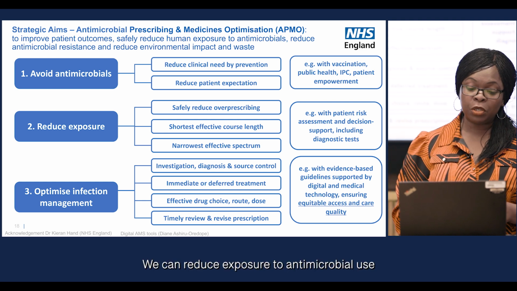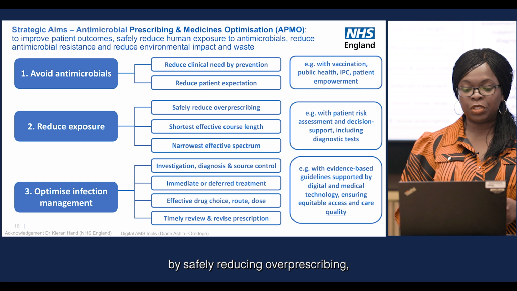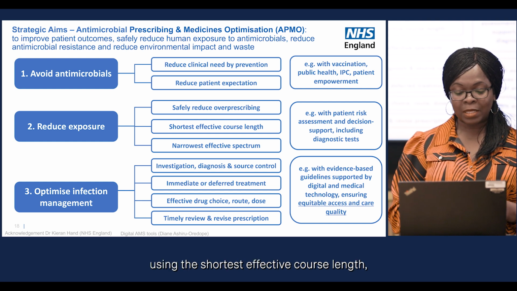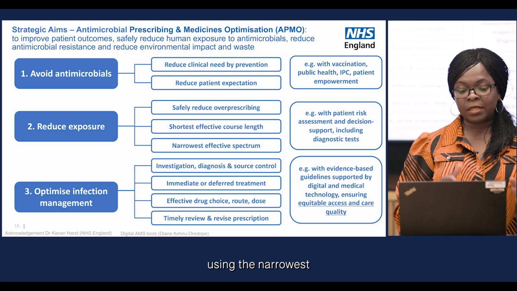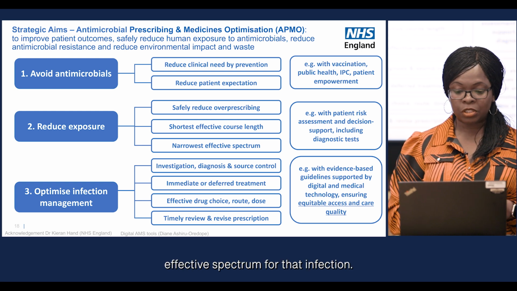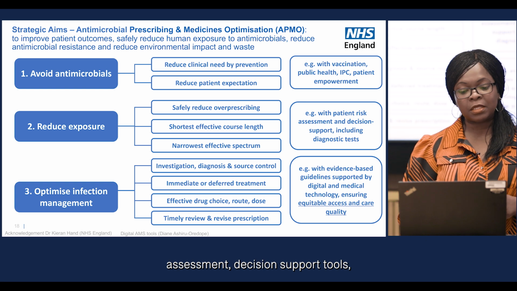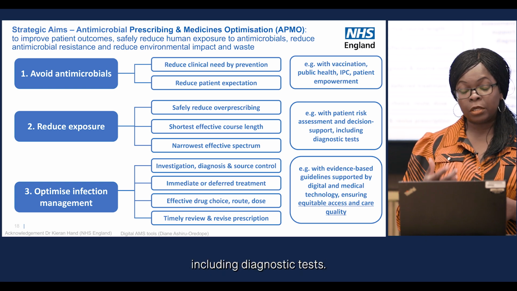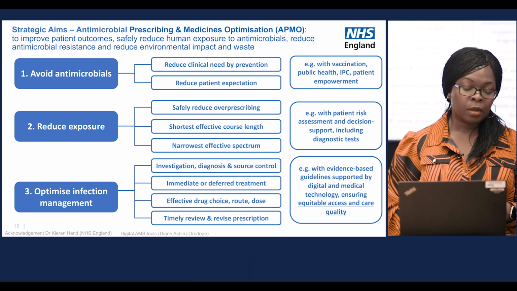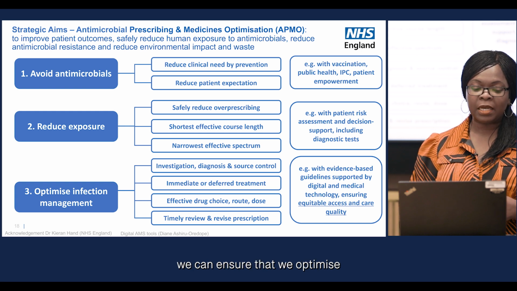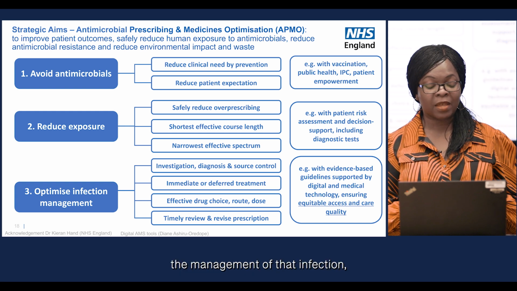We can reduce exposure to antimicrobial use by safely reducing overprescribing, using the shortest effective course length, using the narrowest effective spectrum for that infection. And the ways this can be done is through patient risk assessments, decision support tools, including diagnostic tests. If a patient does need an antimicrobial, we can ensure that we optimize the management of that infection.